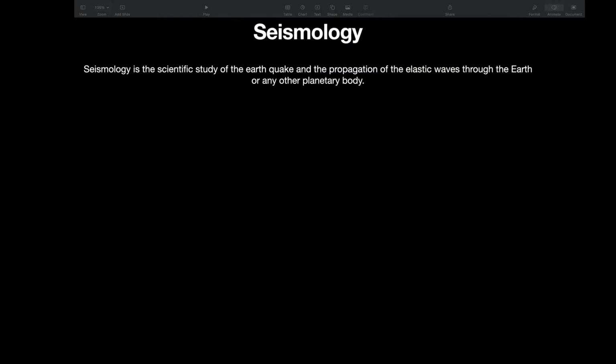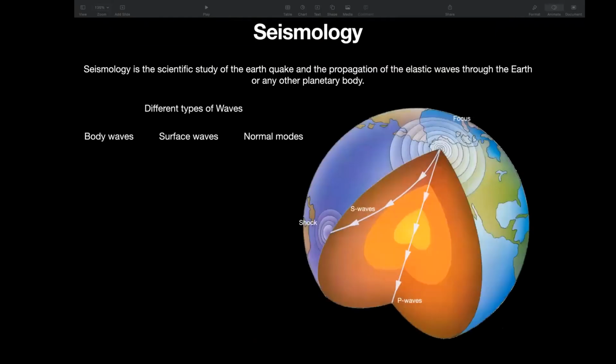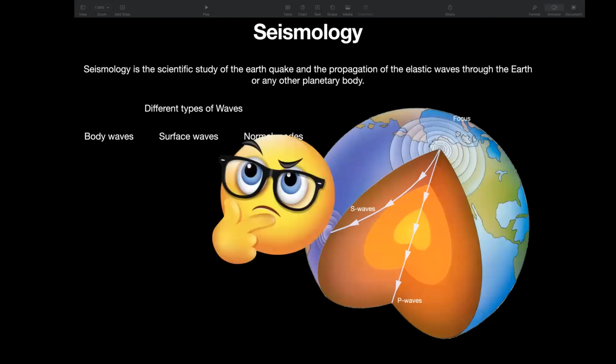As we know, there are different types of waves when we want to study seismology. These are body waves, surface waves, and normal modes. But why do we want to discuss these waves? Is there any question in your mind, like why we want to study these waves? How will they help us?